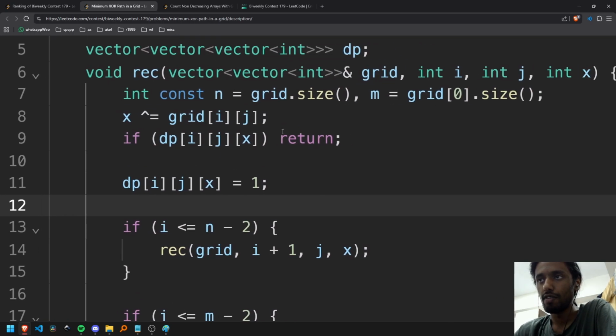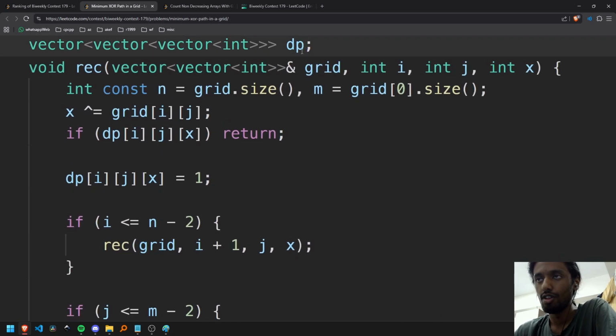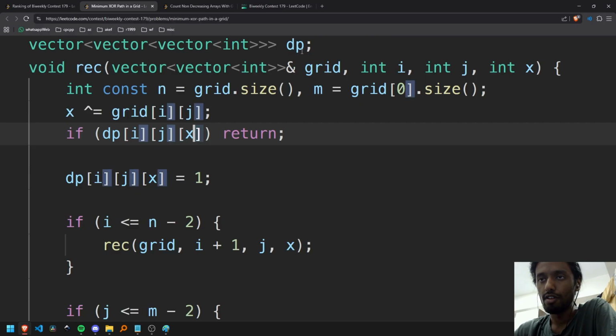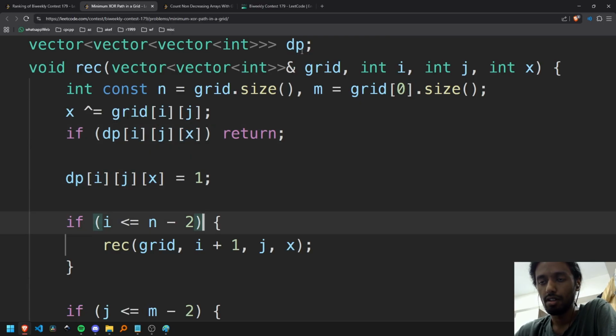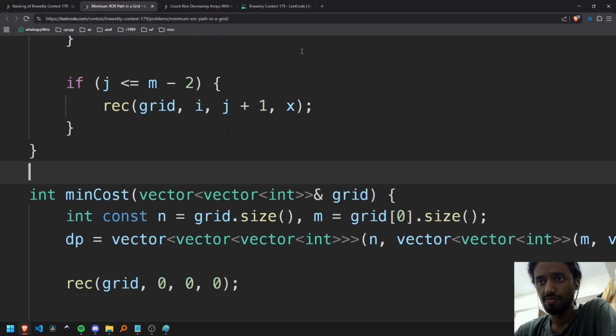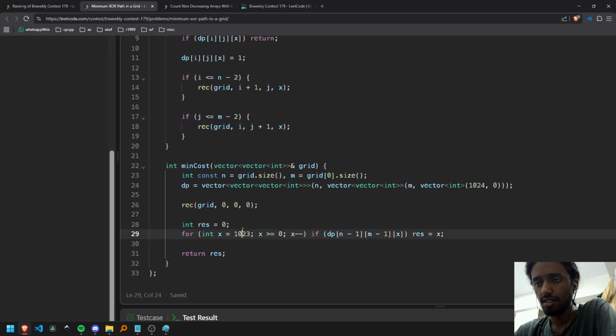So this is what I did. This is more of a DFS solution than a DP solution if you change this to visited. Basically I'm doing the XOR here, so that this is my current XOR. If I have already visited here, I don't do anything else. I mark this as visited and I go right and down, and at the end I'm running this loop.